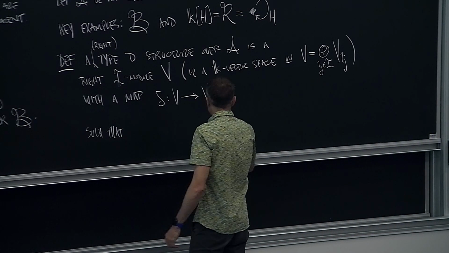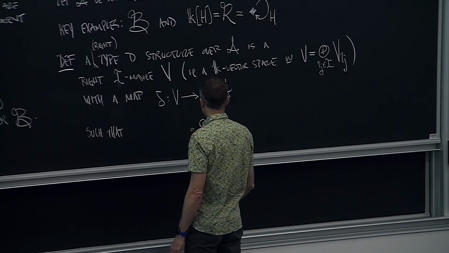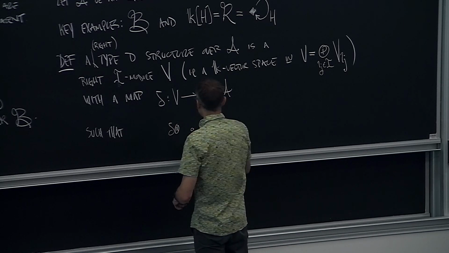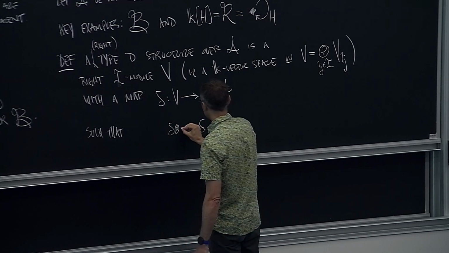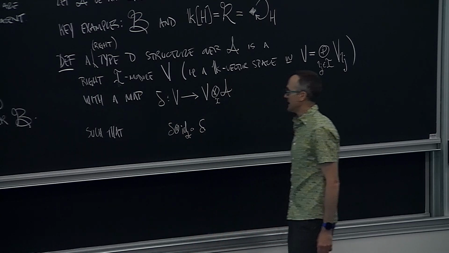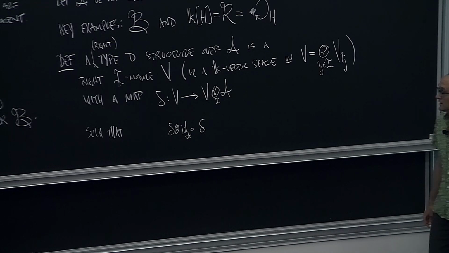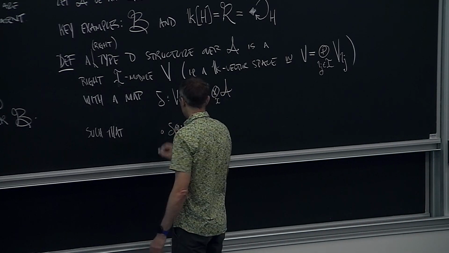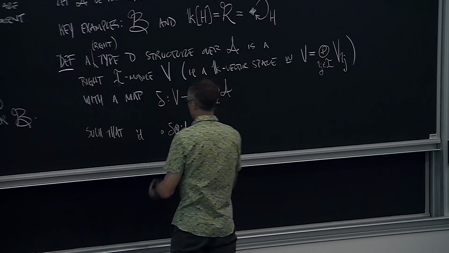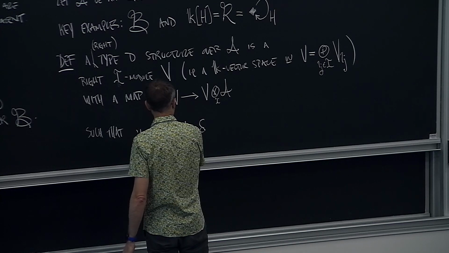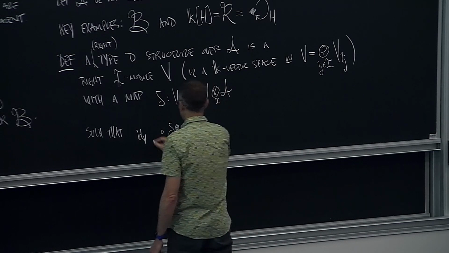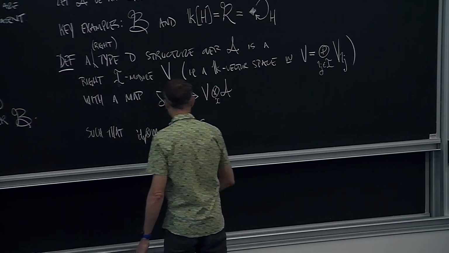So first I'm going to apply delta. Then to apply it a second time, well, to apply delta a second time, there's a factor that I want to leave alone that got spat out by the first time. So on that component, I'll just apply the identity on the algebra. And then the last thing I do is apply the identity on the left component of V. That's composed with multiplication.